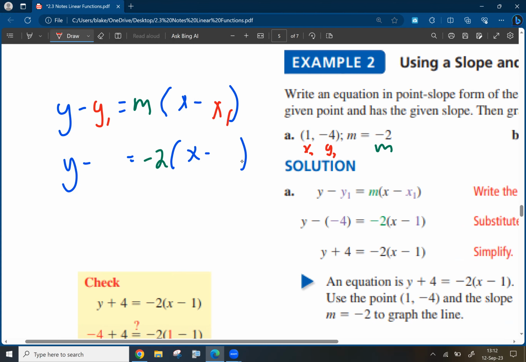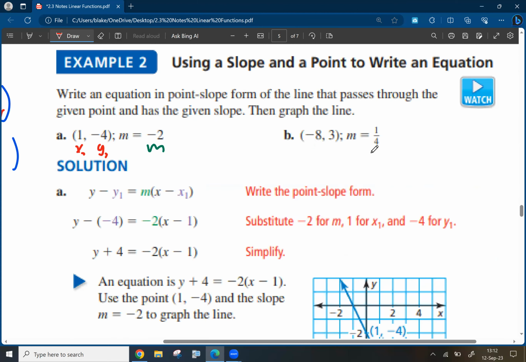Now, my x1 is 1 and my y1 is -4. But because of the minus sign, in addition to the negative that I've put in, the minus and the negative converge to a double negative, making it a +4. So ultimately, my equation will be y plus 4 equals -2, and then parentheses x minus 1. You can see that as well already worked out.